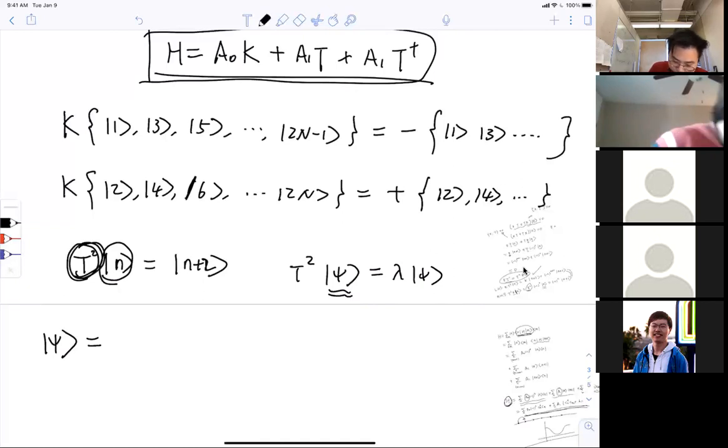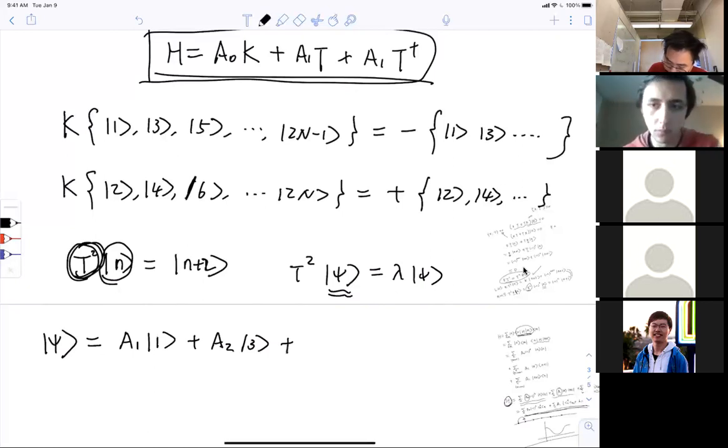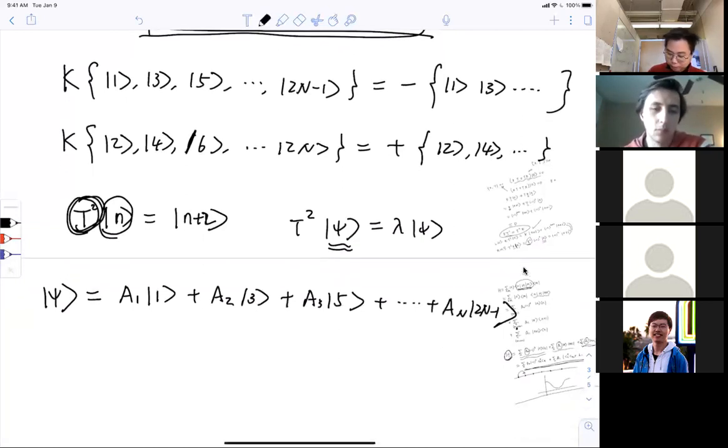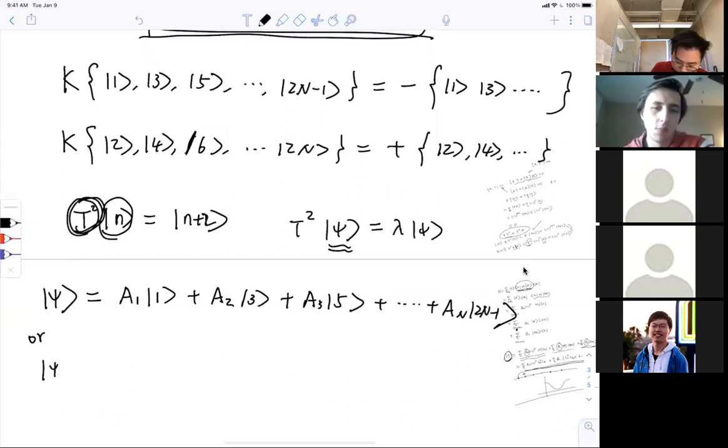Then this guy can be written in this form. Let's use other coefficients, sorry.